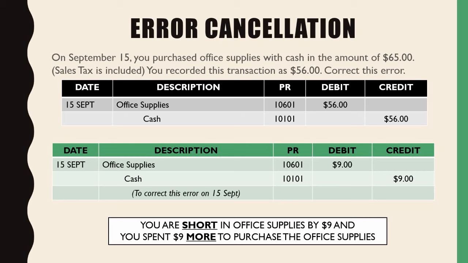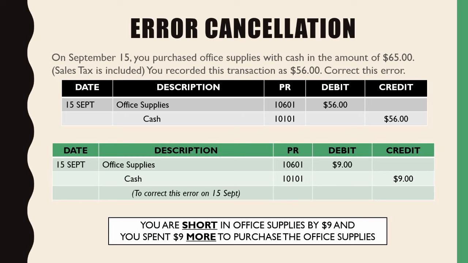So, for example, if instead of the account being over, it was under, then the cash would be in the debit, and office supplies would become credit. Is that what would happen? If, okay, let's say you recorded 65 instead of 56.